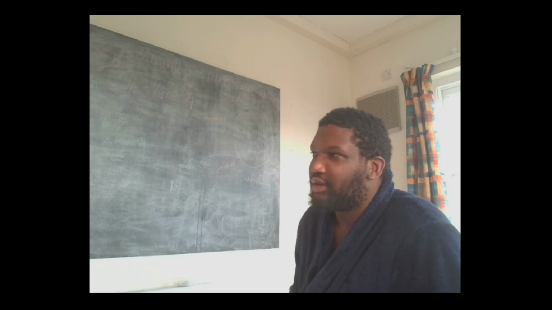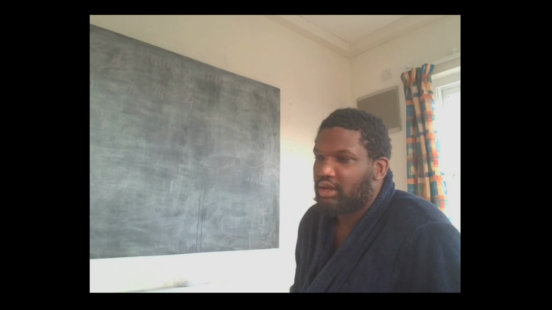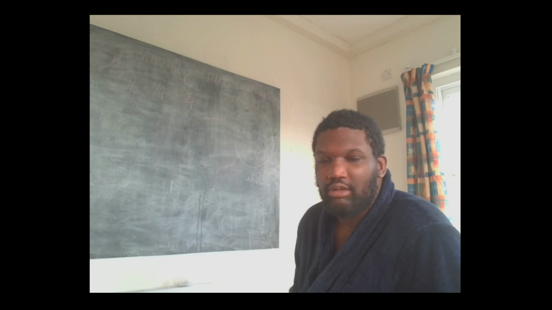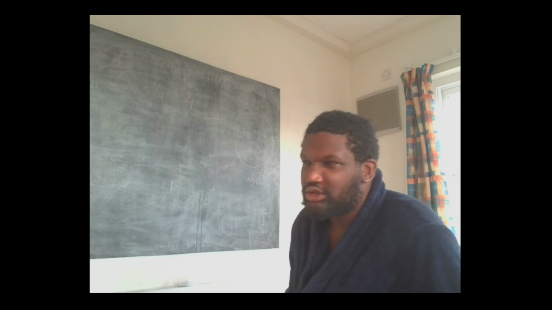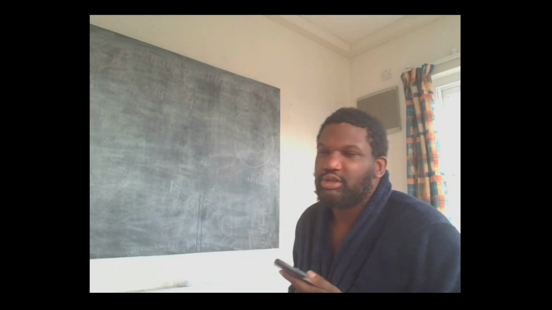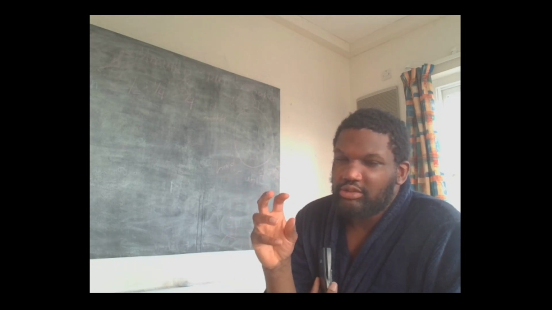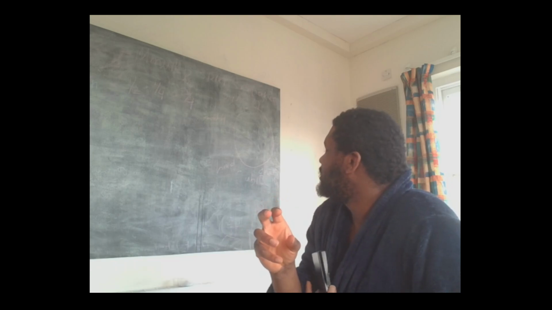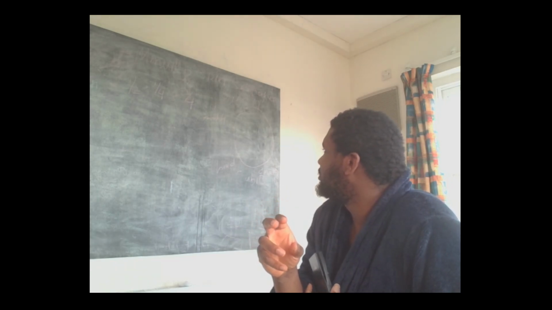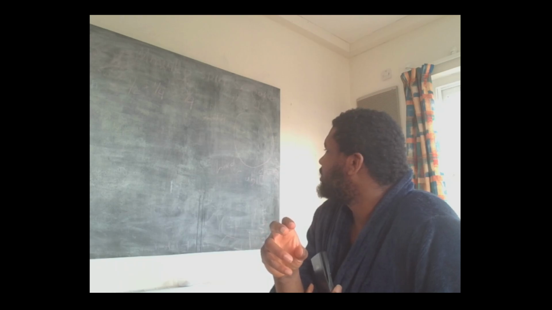Smooth and round is soft, because I'm doing the model of smooth and hard. A smooth and hard surface is soft. A smooth surface is soft.